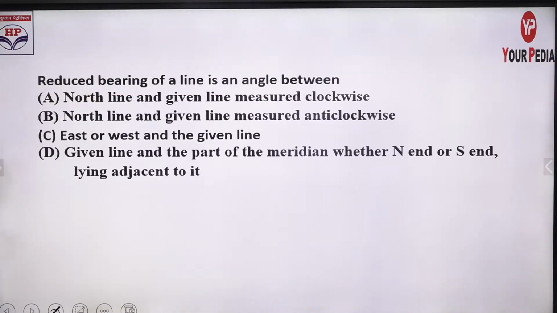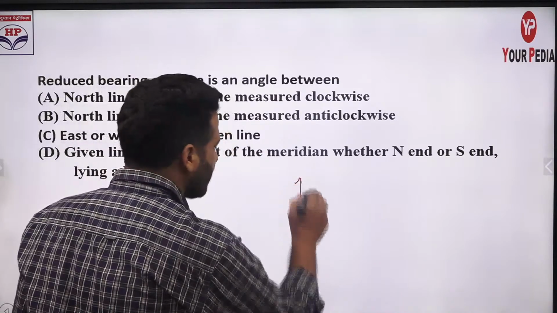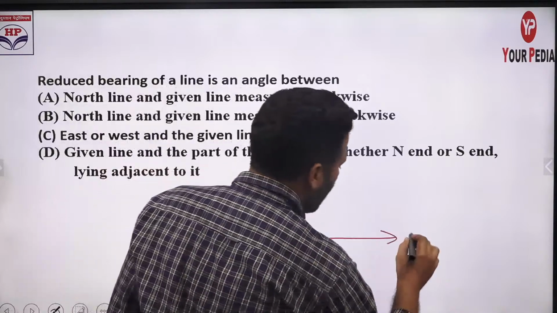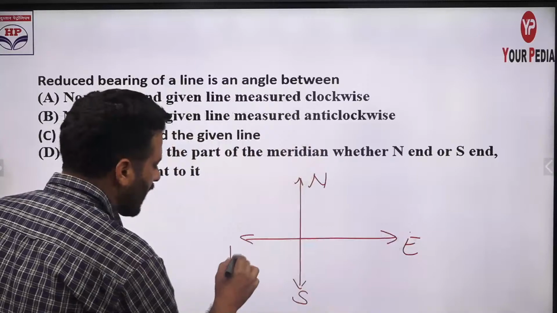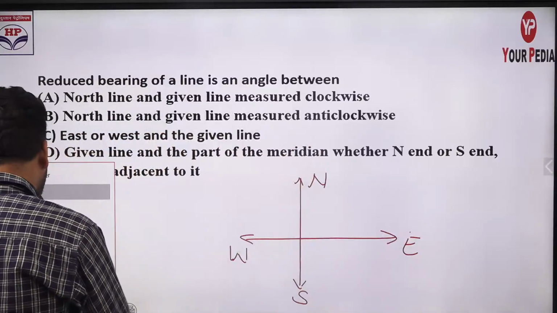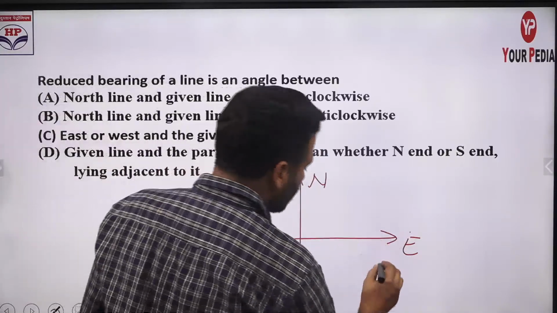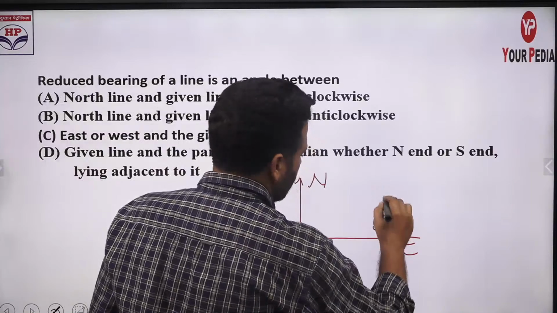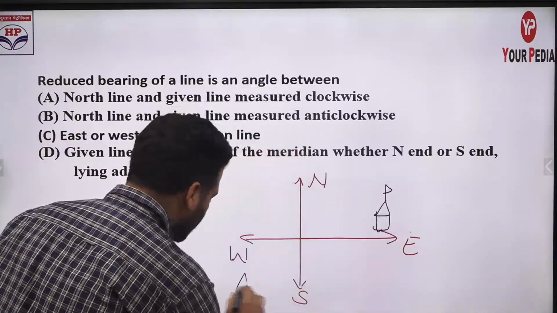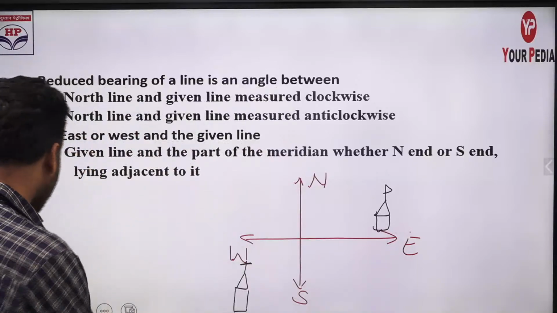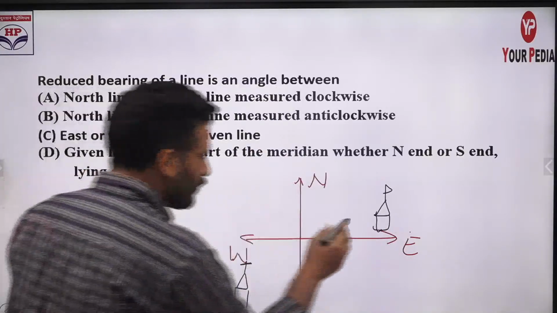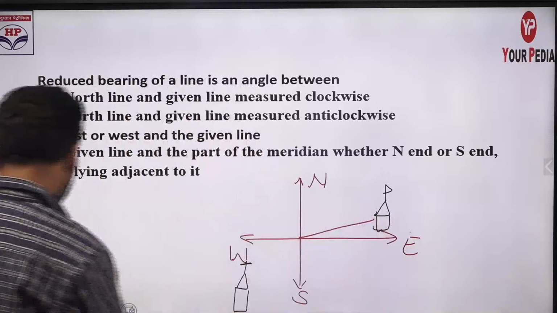Next question. Reduced bearing of a line is the angle between, what I told you earlier, if you talk about whole circle bearing, then always start from north in the clockwise direction. But suppose the object is here like this, or here like this. In the case of quadrantal bearing or reduced bearing, you have to draw the angle of this line.